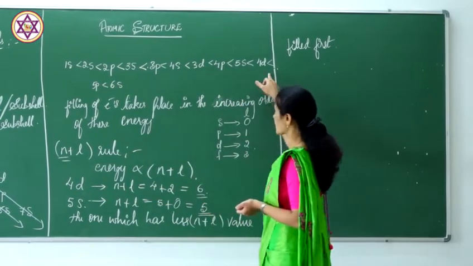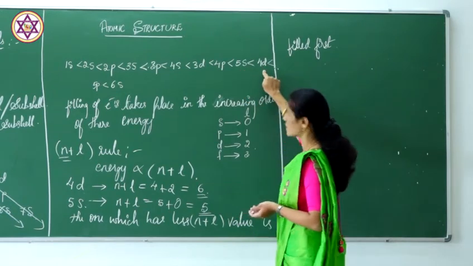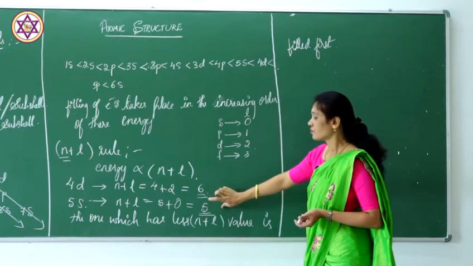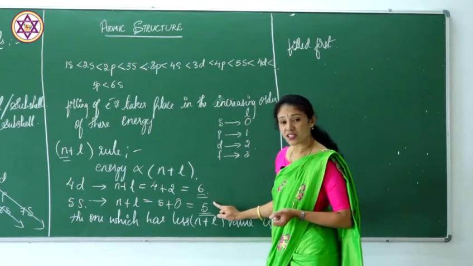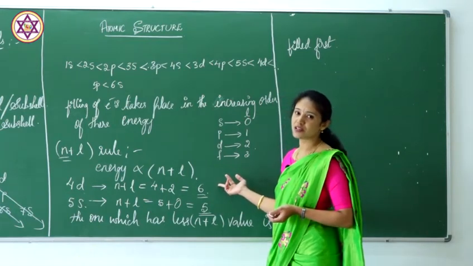If the n plus L value is less, that is filled first, then the higher n plus L value is filled.